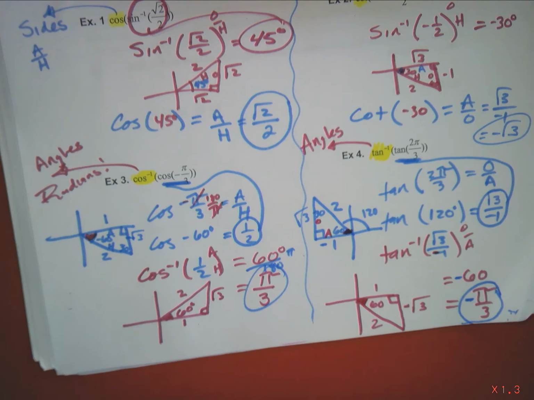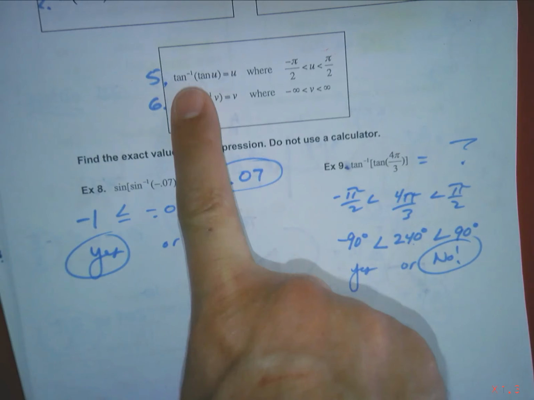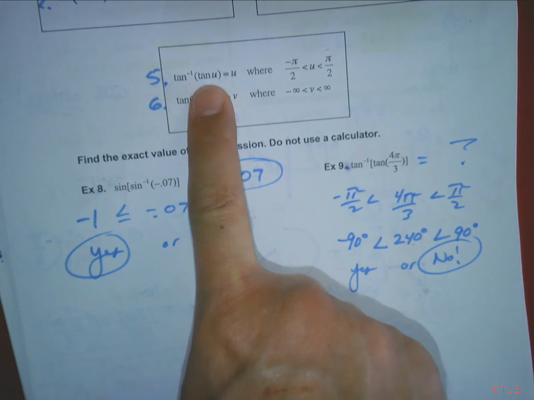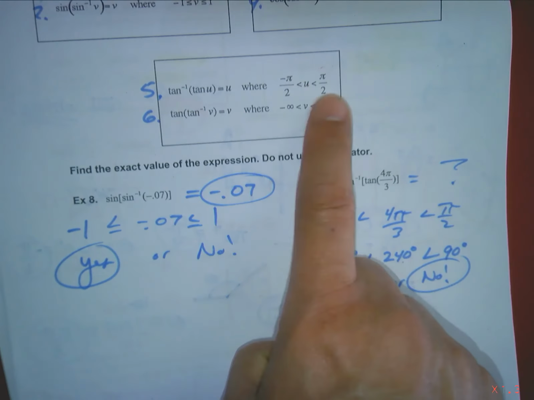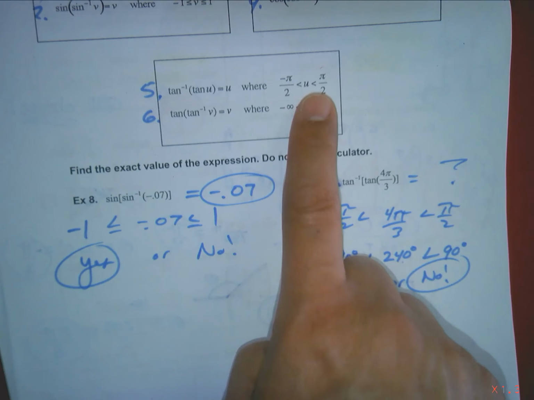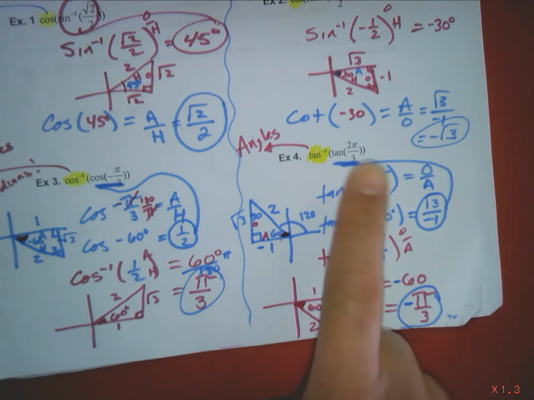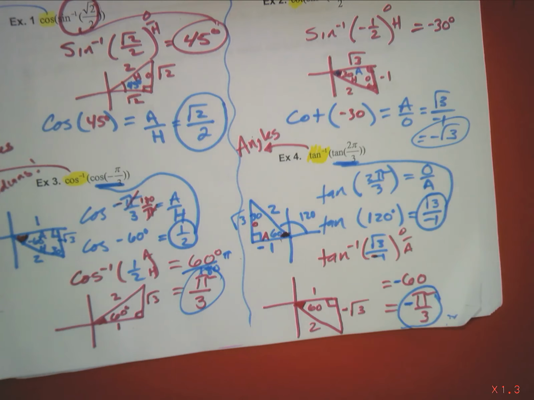So final answer, that's negative 60 degrees. It's going down. Okay, that's a negative angle when it's going clockwise. That's negative pi over 3. Okay, and now that takes care of this part. Inverse tangent of the tangent of u is u only if u is between negative 90 and 90. Okay, this guy here, 120 was not between 90 or negative 90.